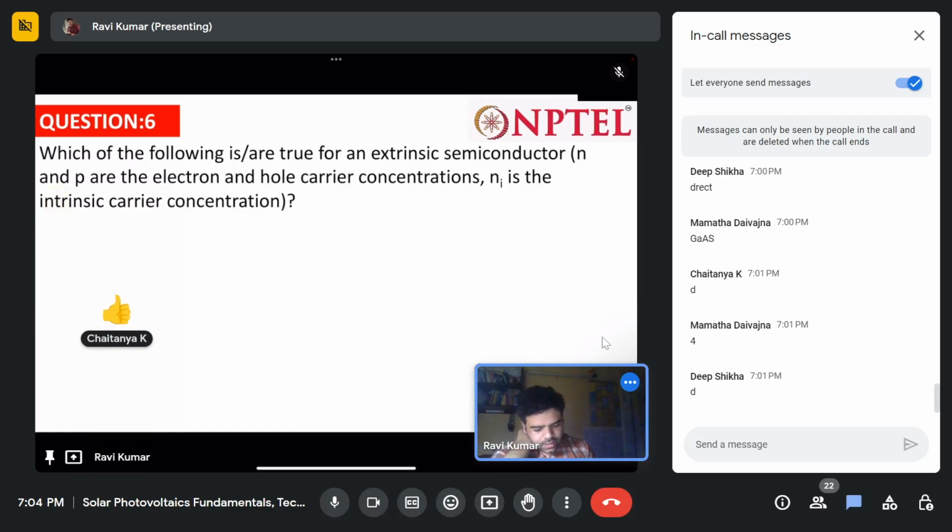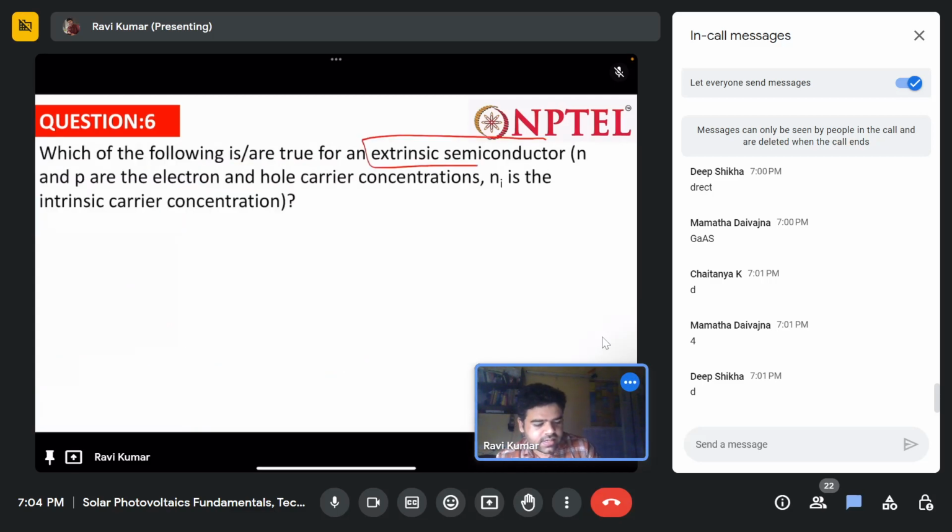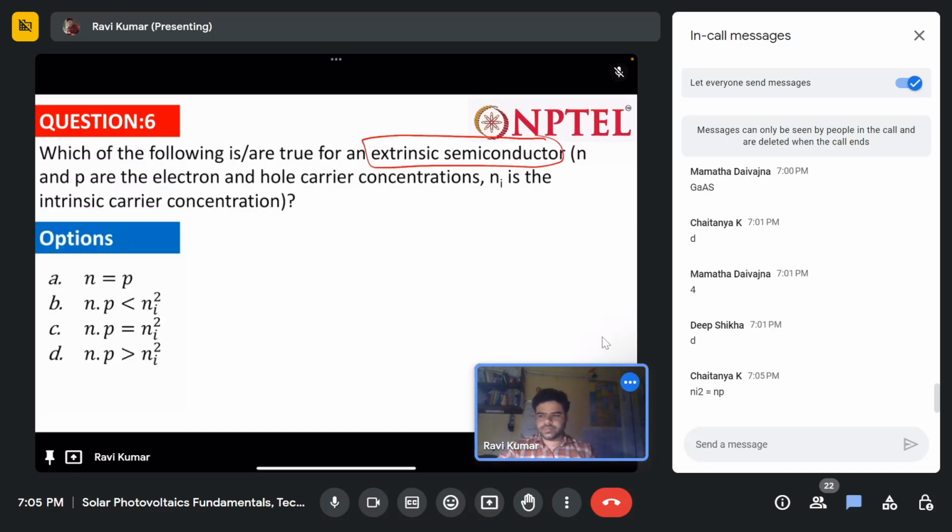Okay. Next question says, which of the following is or are true for extrinsic semiconductor? It's very simple. It is asking for a relation between N and P, the concentration of electrons and holes, with intrinsic carrier concentration. Yes, Chaitanya.